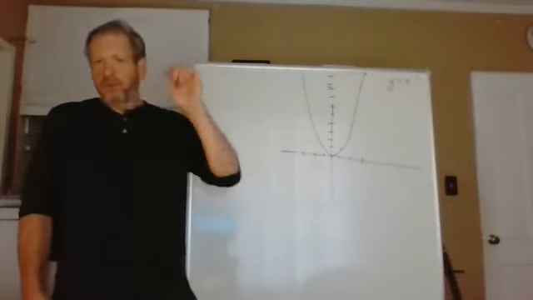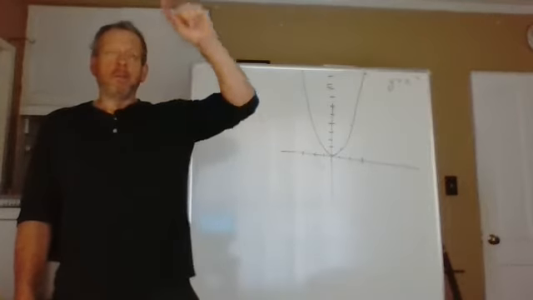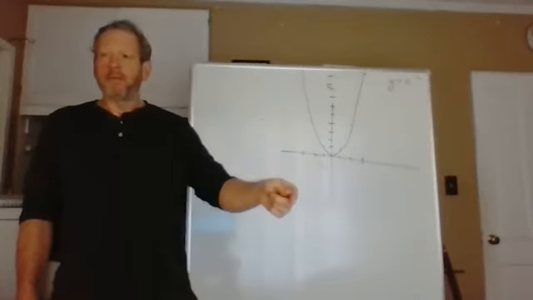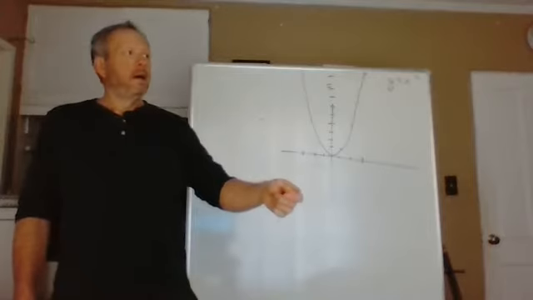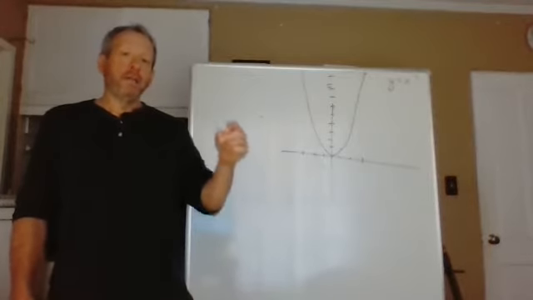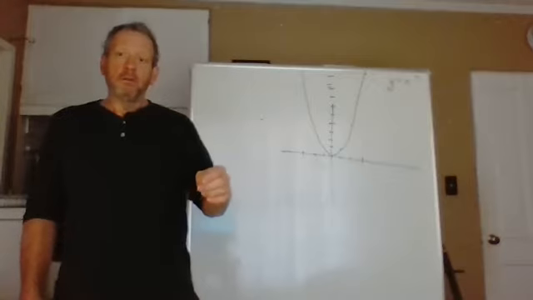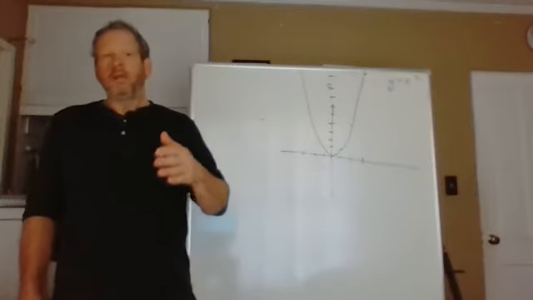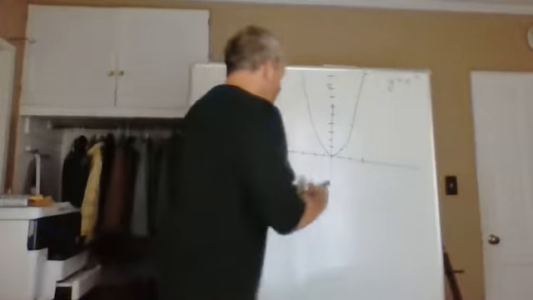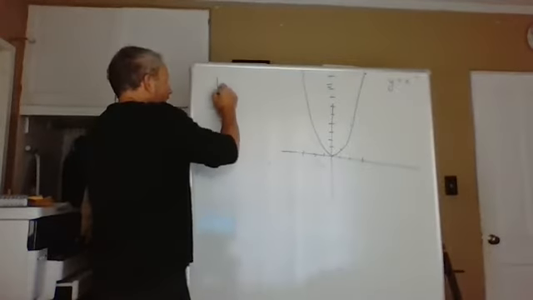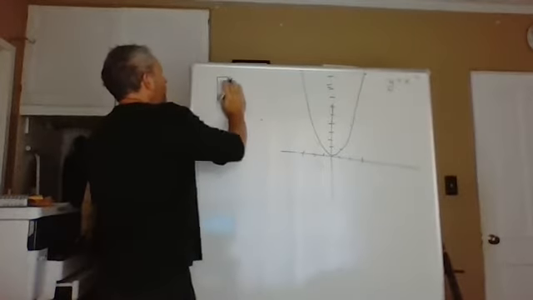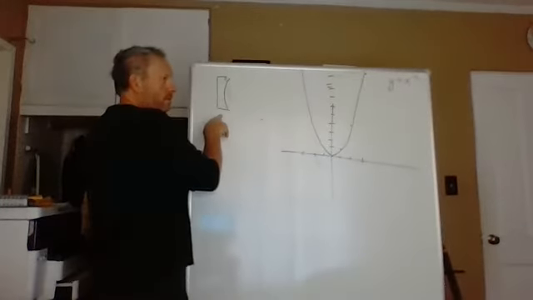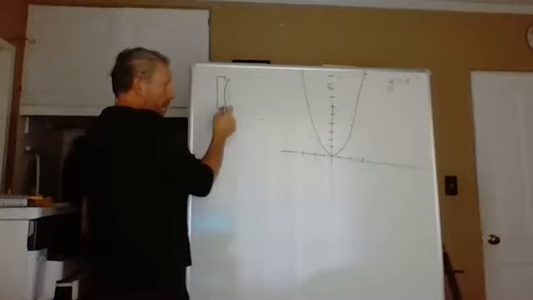Go to a water fountain, turn on the water, and watch the water come up like this. It's forming a parabola. If you were to look at the mirror on a telescope, the mirror is parabolic in shape. I'm not proving any of this right now, but if this was the mirror in the telescope, the cross-section of the mirror is a parabola.